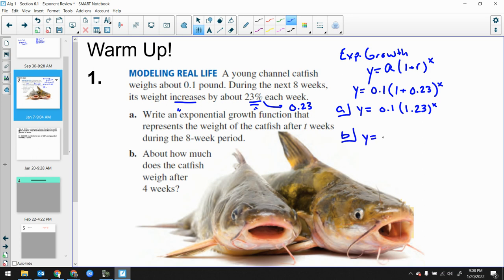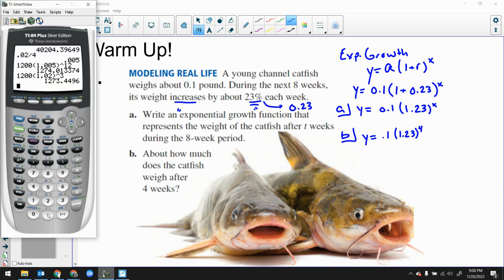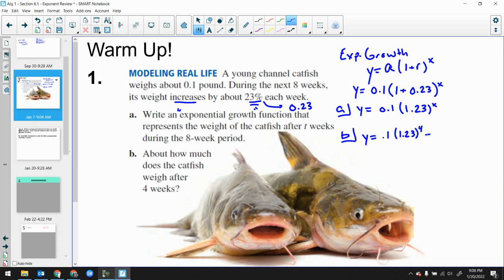So y is equal to 0.1 times 1.23 to the 4th power. So now I'm going to just go in here and say 0.1 times 1.23 raised to the 4th power. And that is 0.2288. So I'm going to say 0.23.